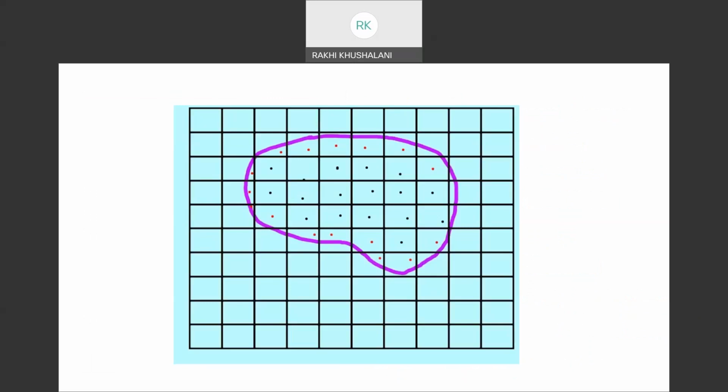If you see the blue dots here, they are representing the full squares. And they are how many in number? Let's count. 1, 2, 3, 4, 5, 6, 7, 8, 9, 10, 11, 12, 13, 14, 15, 16, and 17. The blue dots, or if they look black to you, the blue dots are 18 in number.